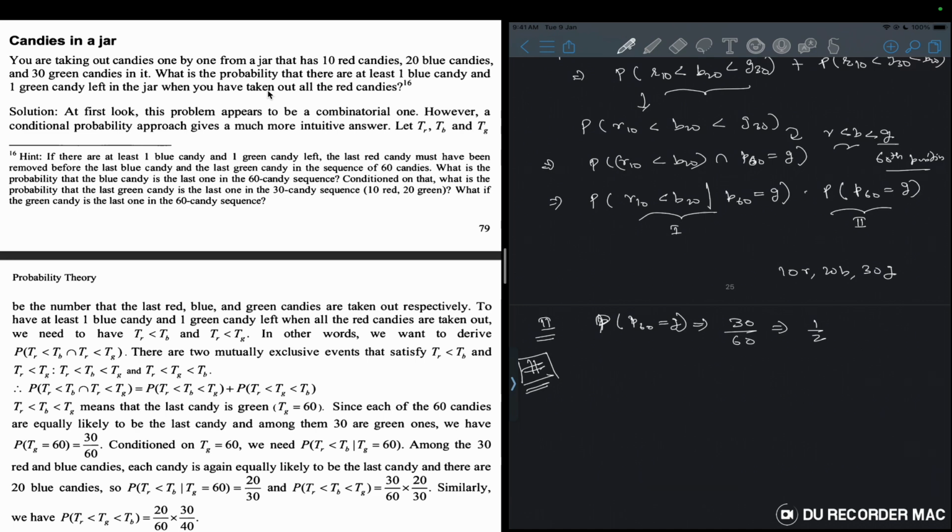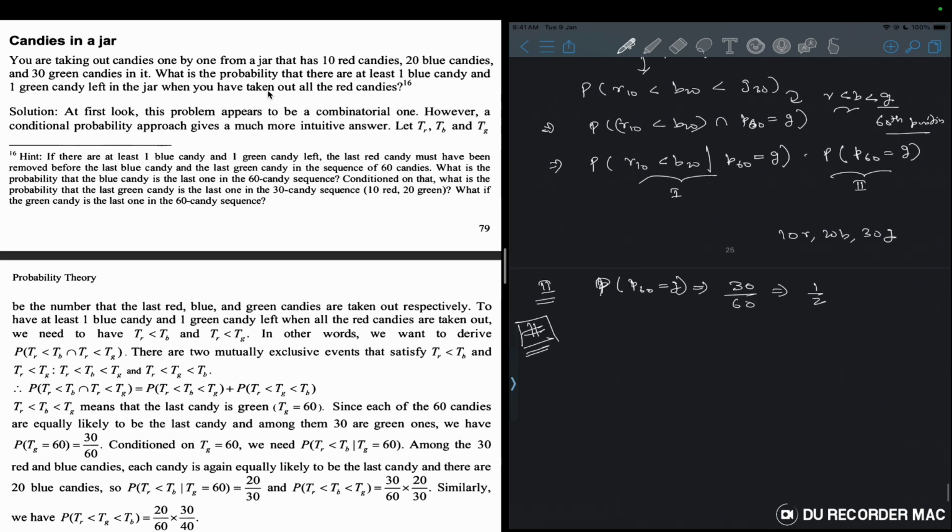You might ask yourself whether the 60th candy is not dependent on what has appeared before that. And the answer is no, it is not. The reason is that the probability which you are calculating is not conditioned upon what has happened before.